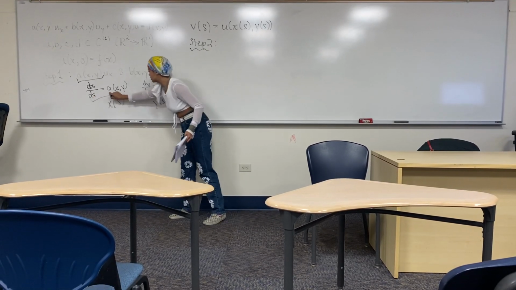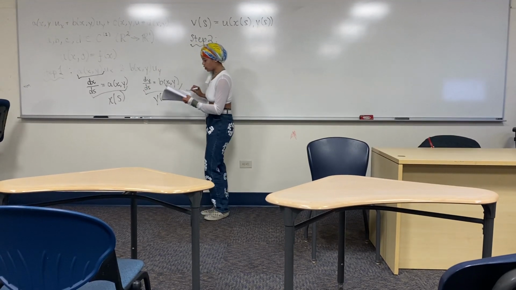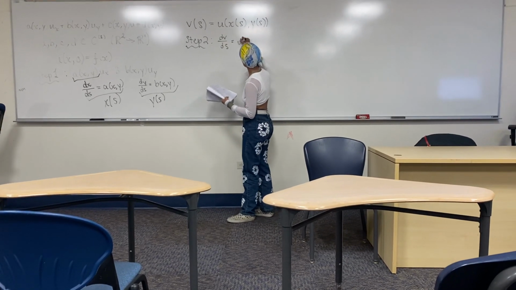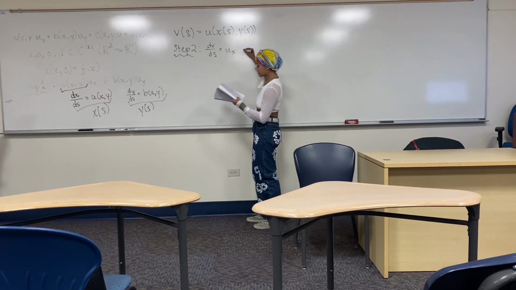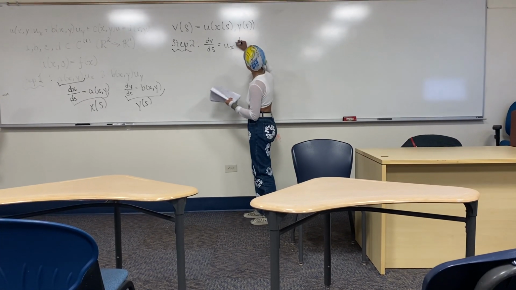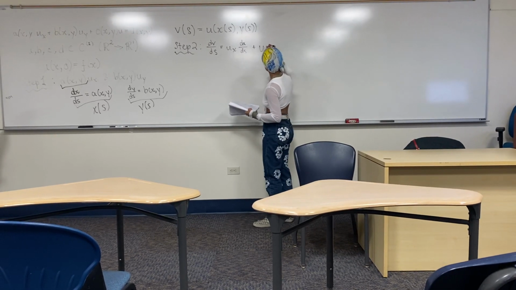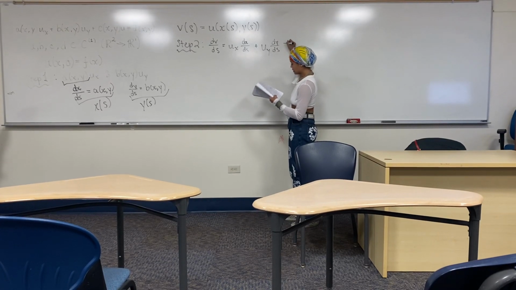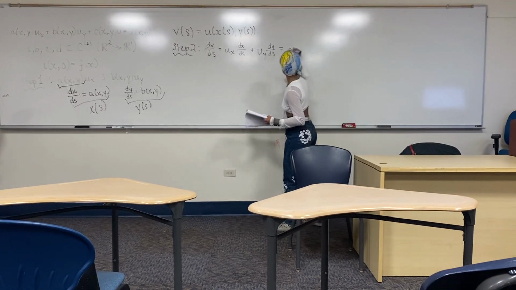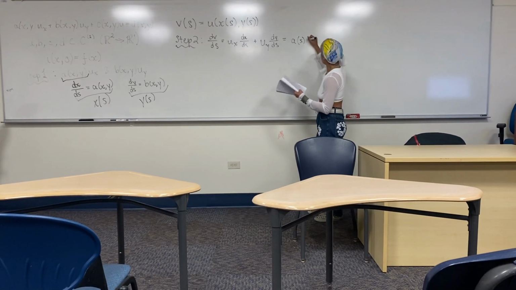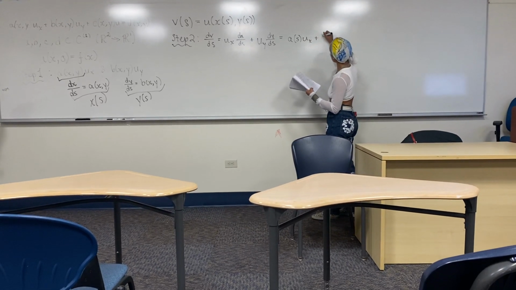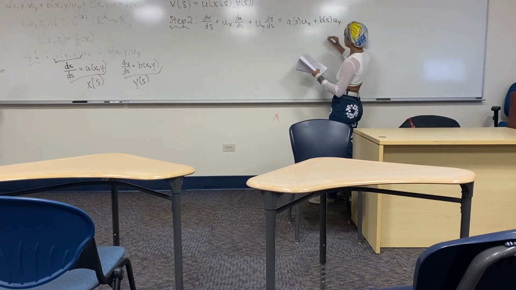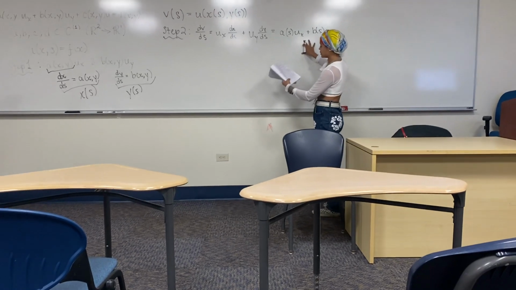So you're going to take these, which are just separable equations, you solve, and you end up getting the derivative of v with respect to s equals the partial derivative of u with respect to x, times the derivative of x with respect to s, plus the partial derivative of u with respect to y, times the derivative of y with respect to s, and that just ends up being our function a we had earlier of s, partial u plus b of s, partial u, okay? So this is what we end up with.